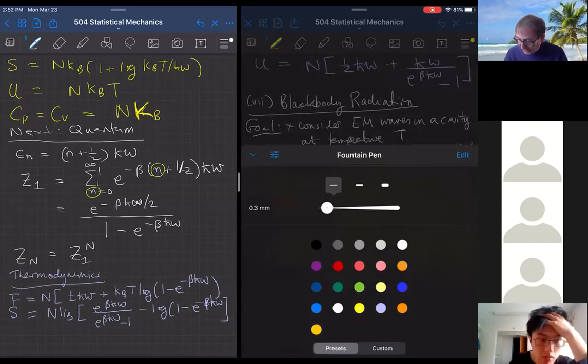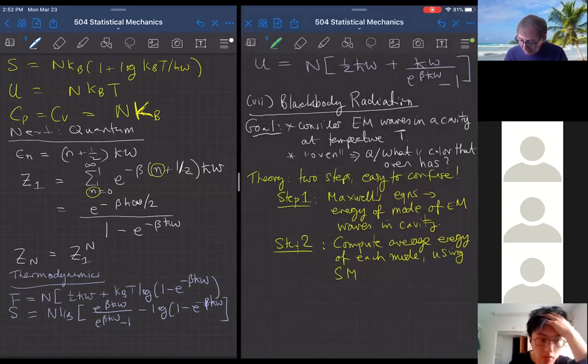So why is this a useful thing to do? Well, that means then in step three we can calculate the energy in a wave number range or frequency range.